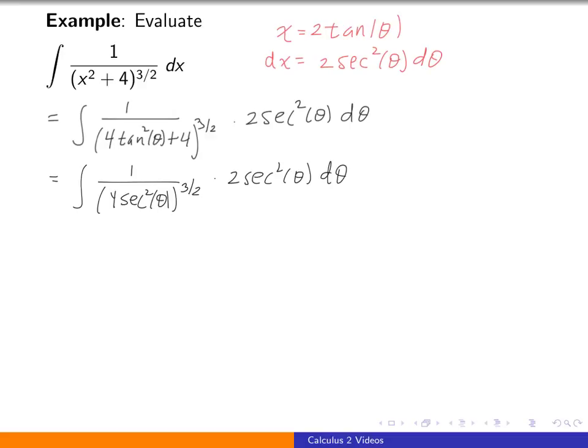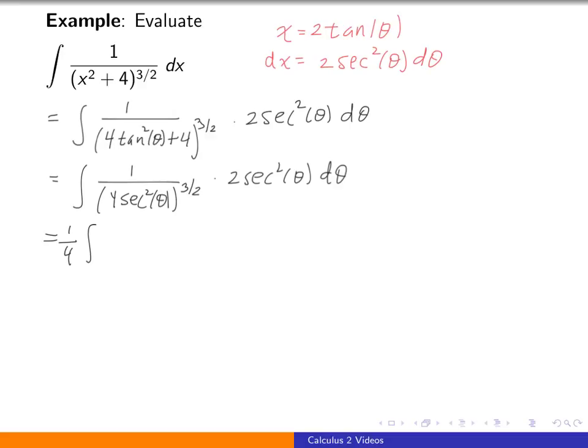And then we just go ahead and simplify accordingly. If we have 4 raised to the 3/2 power, the square root of 4 is 2, 2 cubed is 8. So the 4 pulls out as an 8, but you have a 2 above it. So we end up with a 1/4 out front. If you take secant squared and raise it to the 3/2 power, the 2's cancel, and you have a secant cubed in the bottom.